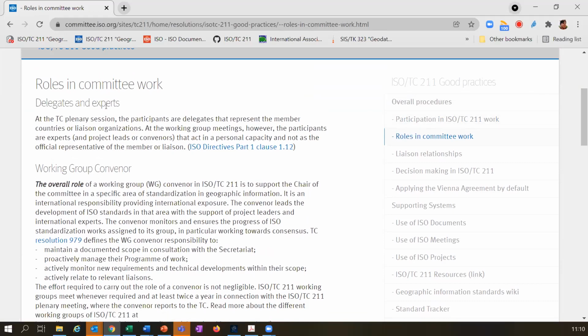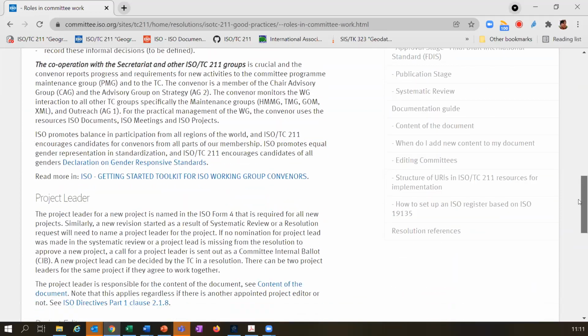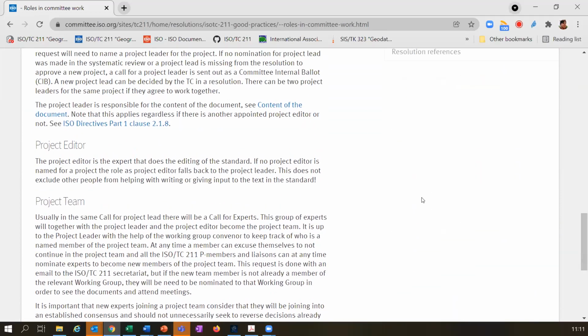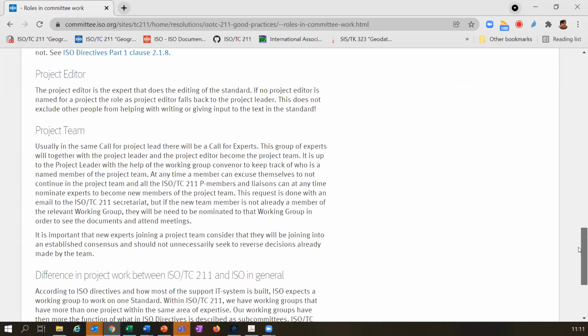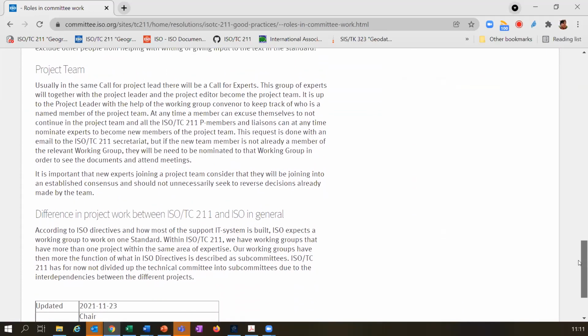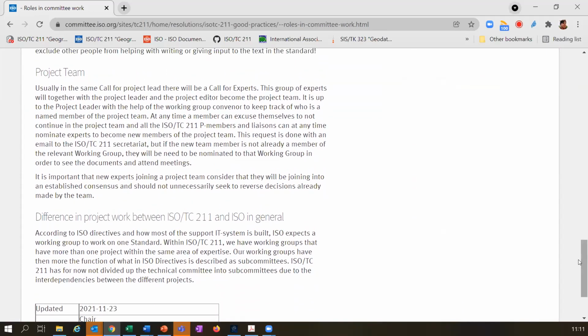And here we can see if I'm a delegate or a convener or an editor or part of the project team, all those kinds of roles, where we got questions to the Secretariat and know that they are maybe not so easy to understand.